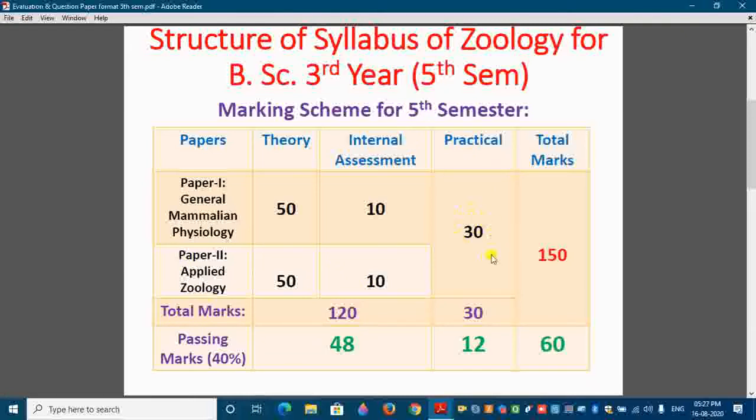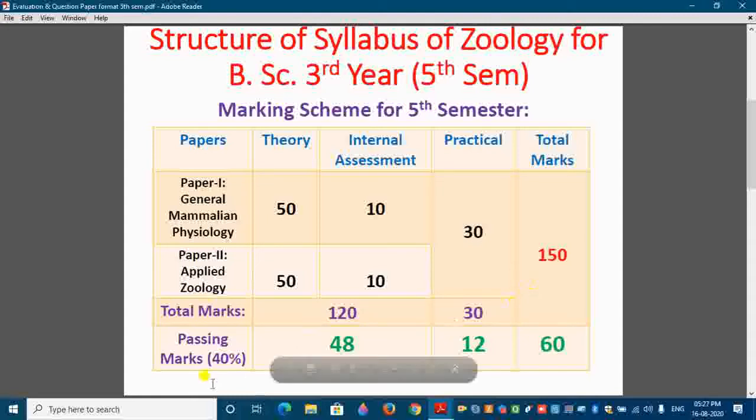In this way the total marks for the fifth semester of zoology are 150 marks, because 100 marks for the theory papers and 20 marks for the internal assessment total 120, and for the practical there are 30 marks. So 120 plus 30 is 150 marks. This is the exam format for the zoology subject in the fifth semester.